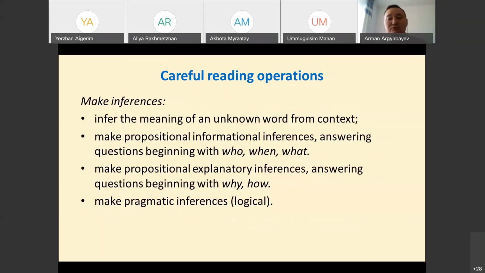For careful reading operations, one of them is making inferences. Infer the meaning of an unknown word from the context. We usually have this kind of questions in FCE, a certificate exam. They even put numbers in the text. Every fifth line is numbered, like 5, 10, 15, 20, 25, and so on.